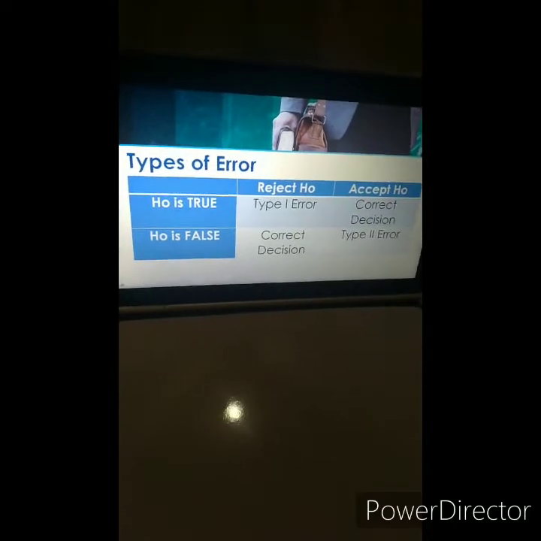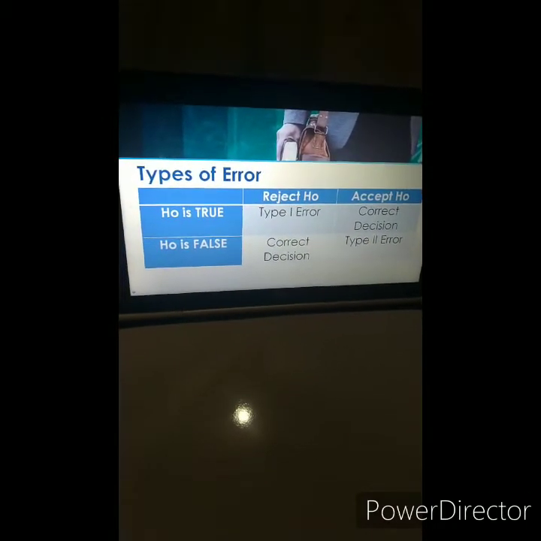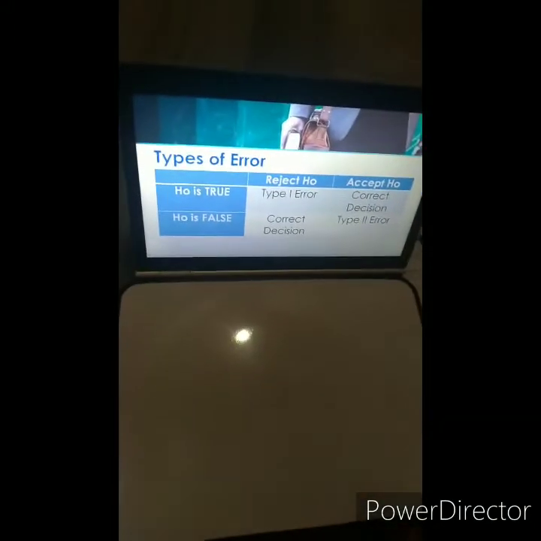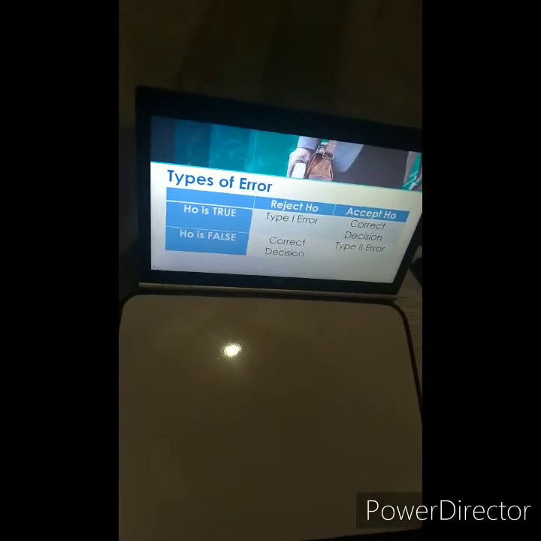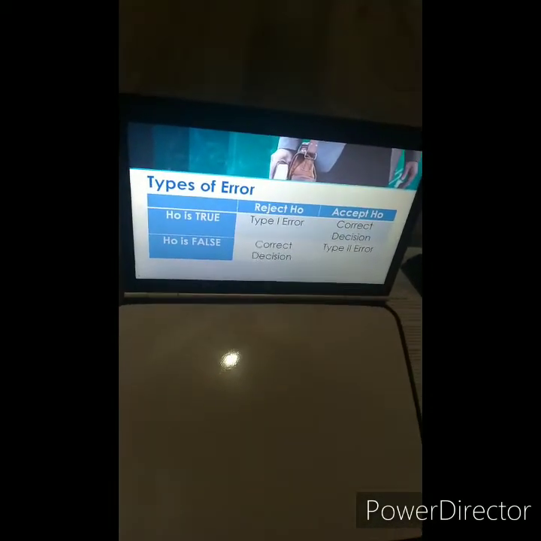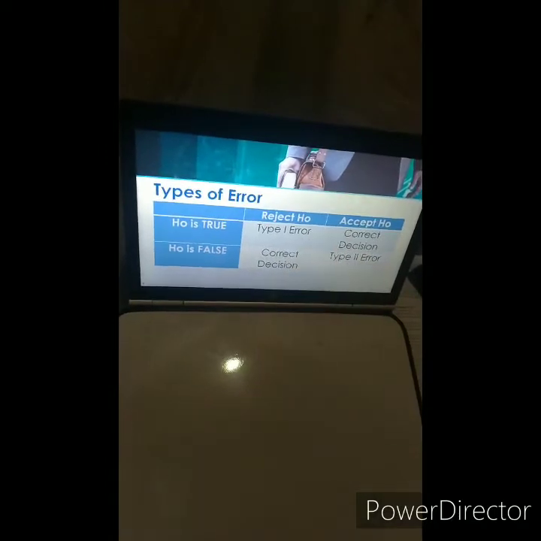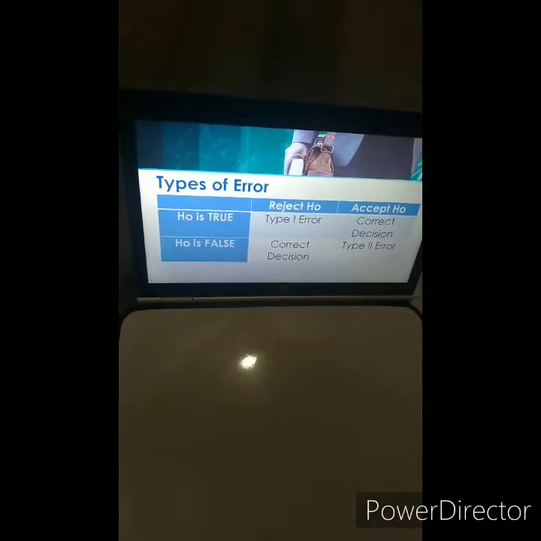During the trial, Peter submitted pieces of evidence saying that he is innocent, and that is true. That is the null hypothesis. But the judge still rejected the null hypothesis and said that you are guilty of murder. So the judge committed a type 1 error.